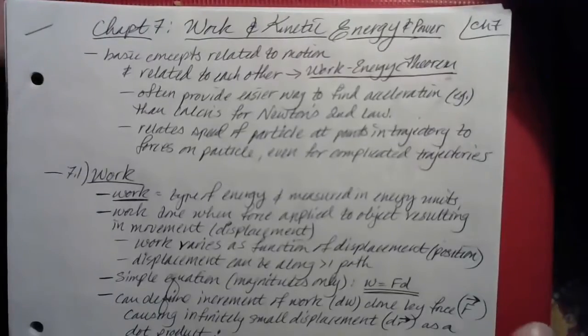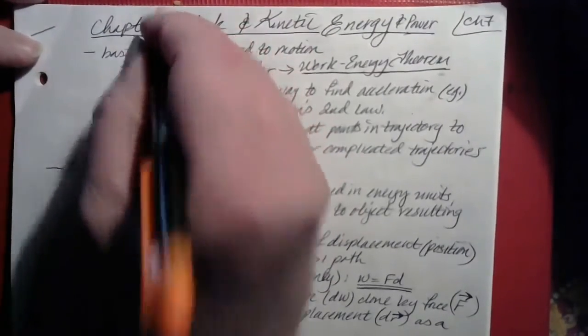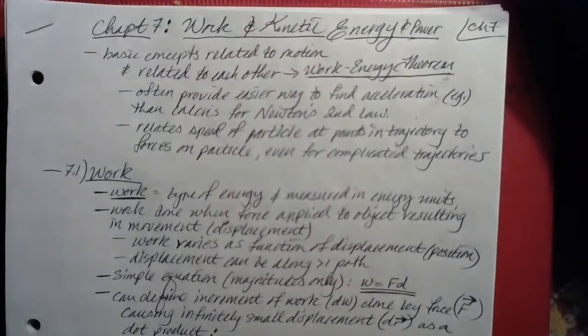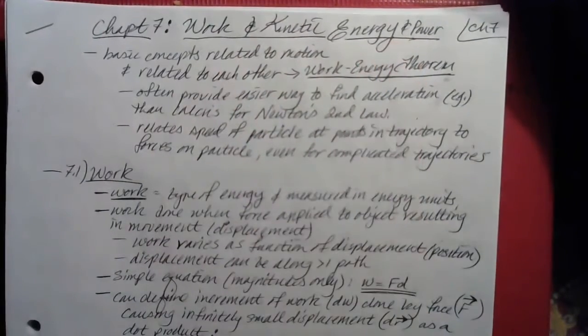Okay, at the opening of this particular lecture, we have one more chapter that I would like to accomplish this semester. It would have been nice if we could have gone even further, but some of the early stuff took forever. Anyway, chapter 7 is on work and kinetic energy and power. Don't forget power.